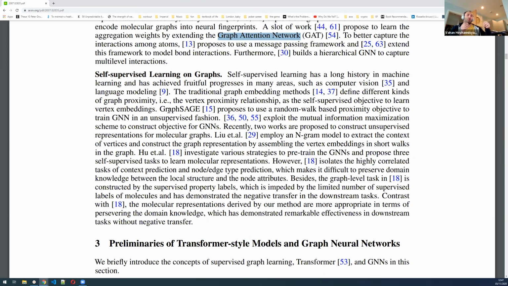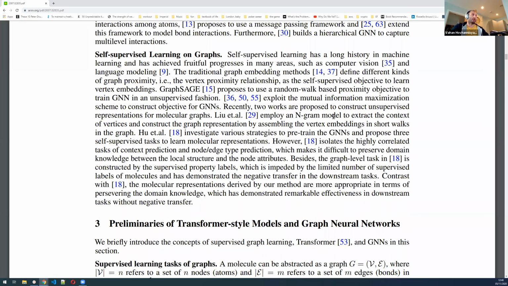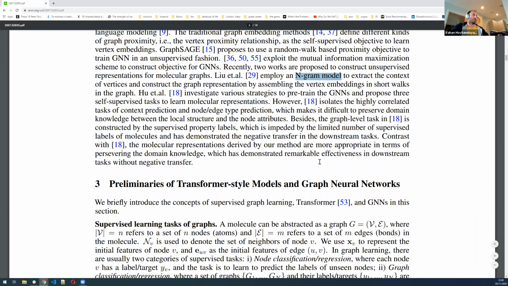So they take random walks on the graph and then measure proximity between node features. Okay. There were other works. There was one work that used n-gram models. So that's kind of similar to this work. And Hu et al. that I mentioned before. Okay.